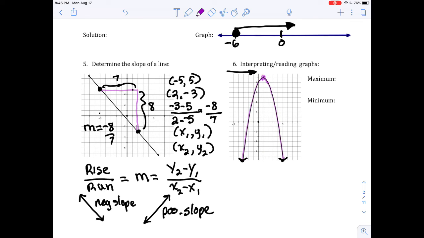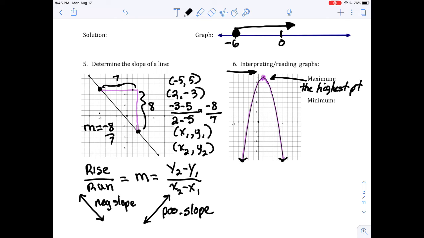Now this is vocabulary that we're going to talk about in our key features of functions. For now, I just want you to think about the fact that the graph is increasing up to that point and decreasing. That point actually has a name. It's called the maximum. So this is the highest point on the graph.